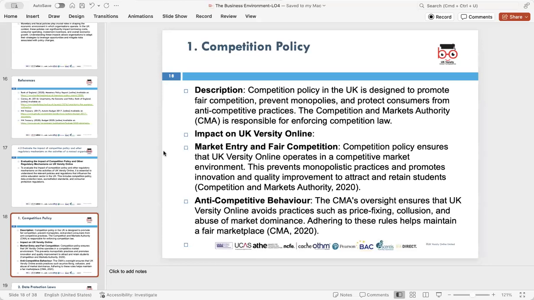Adherence to competition rules, such as avoiding price fixing and collusion, is essential for UK Versity Online to maintain a fair marketplace reputation. The oversight provided by the CMA ensures that universities operate ethically and competitively, benefiting both students and the broader educational landscape.